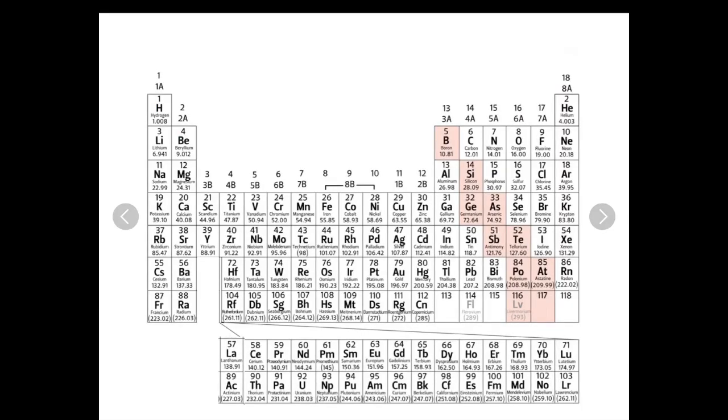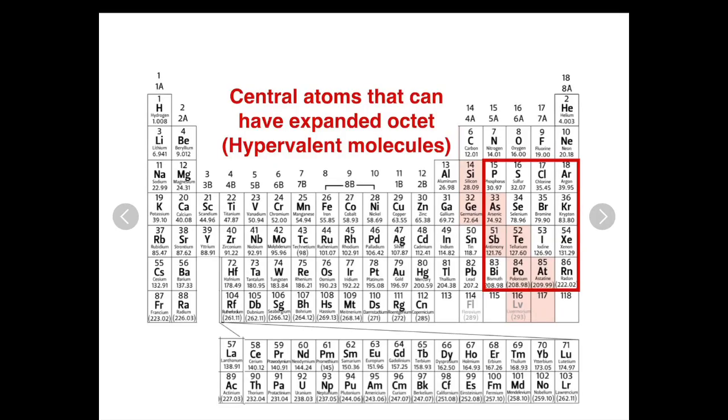Okay, so what are those elements? 3rd row and beyond. If any of these elements are the central atom, they can have expanded octet, and we call the molecules that can have the expanded octet hypervalent molecules.